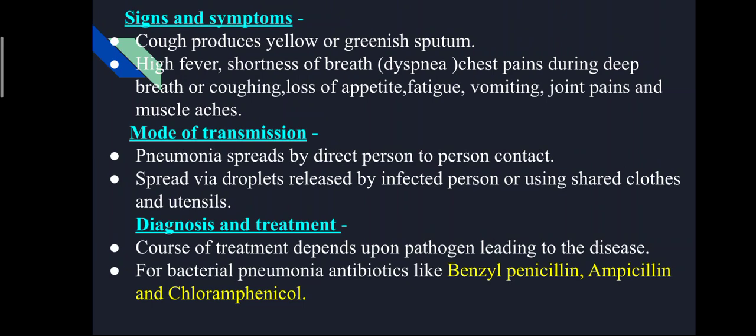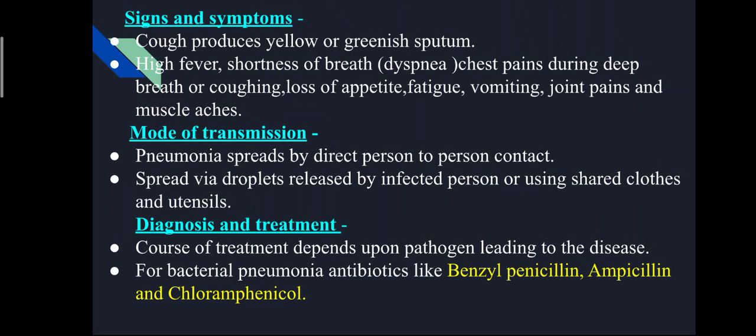These are the symptoms of pneumonia. Then we see the mode of transmission. Pneumonia spreads by direct person to person contact. It also spreads via droplets released by infected person and by using shared clothes and utensils. That means if a healthy person uses the belongings of an infected person, pneumonia may spread.